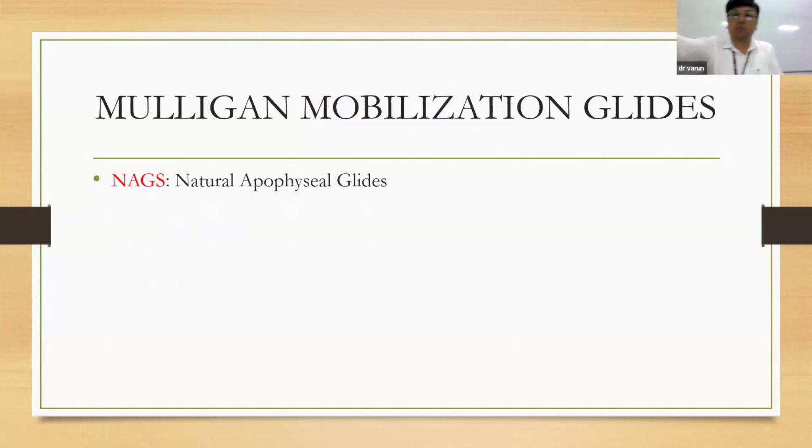So I have one model with me. I think the model is visible to everyone. Yes, sir, it's visible. You can continue. Please stop sharing your screen so that we can see on full screen. Stop share.